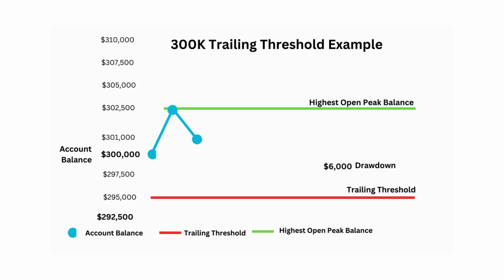Let's say we take a second trade and close it at $299,000, resulting in a $2,000 loss. Since the peak account balance didn't increase, the trailing drawdown will remain at $295,000. However, that $2,000 loss further decreases our drawdown from $6,000 to $4,000.